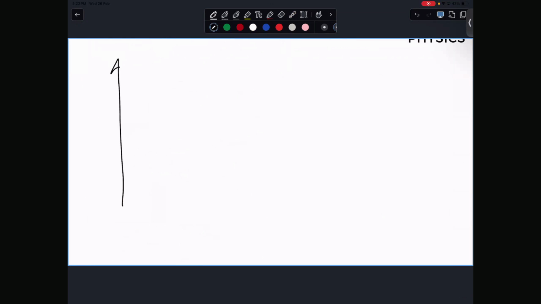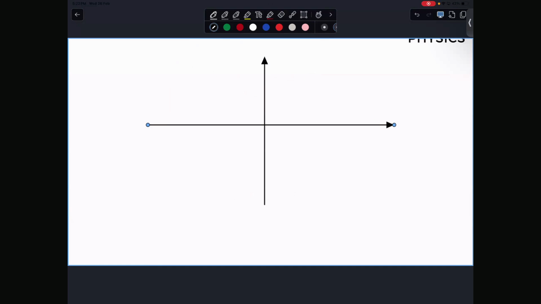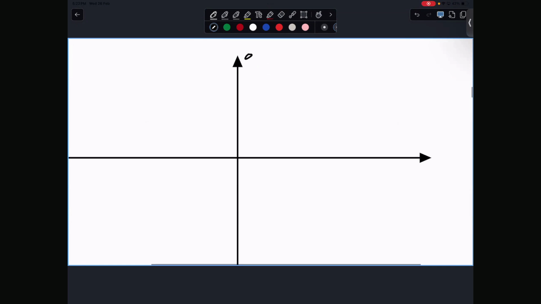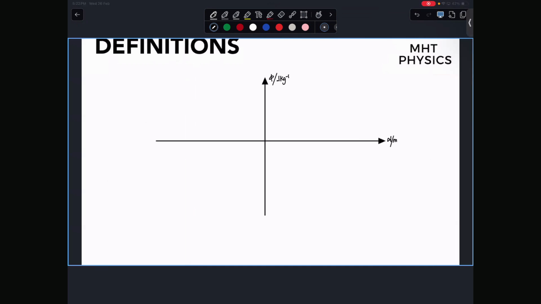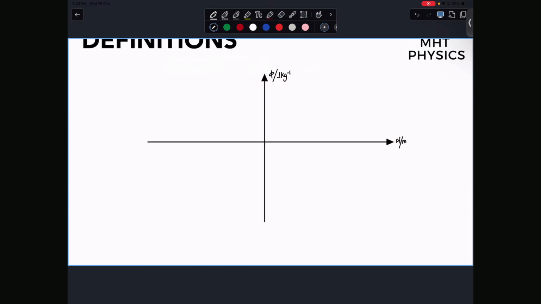The first one here is the graph for potential. How does the graph for gravitational potential look? The y-axis is phi, in joules per kilogram, and the x-axis is distance d in meters.